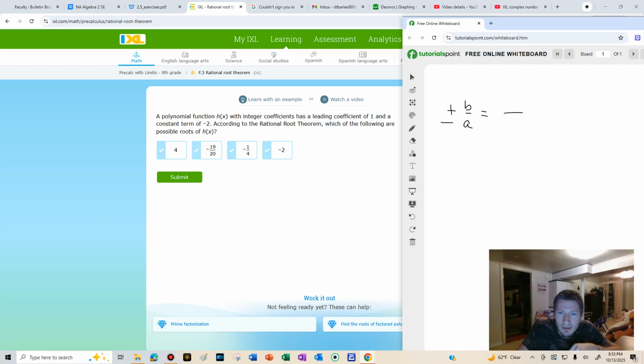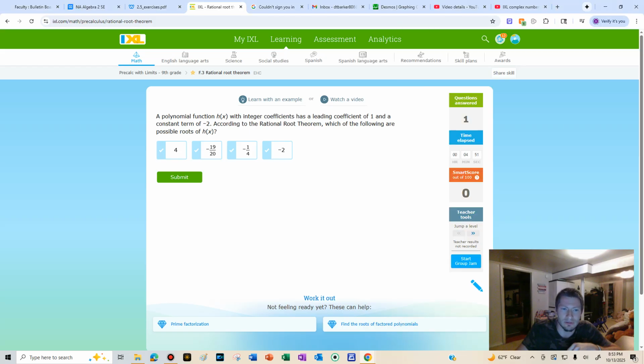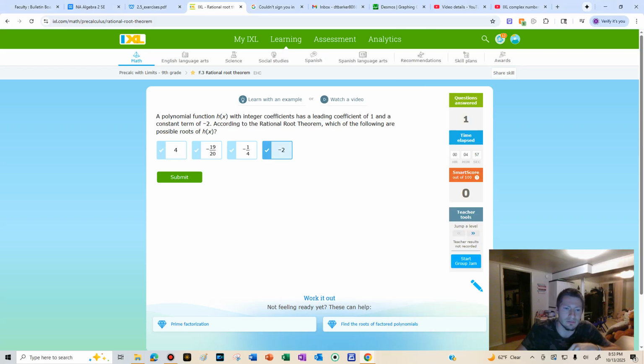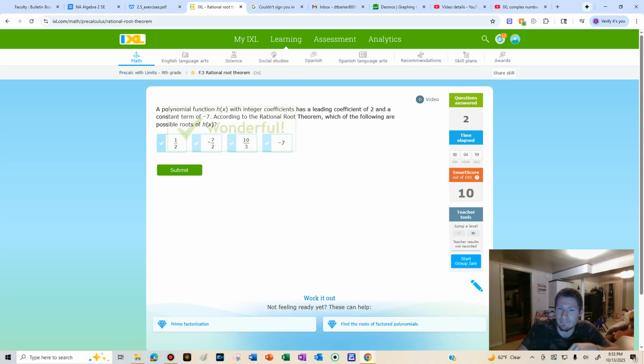So that's just the 1 down here. And the constant term is -2, so that's 2 and 1. So what are the possible rational roots? I don't like that. They should say rational roots. So what is it? 2 over 1 and 1 over 1, or -2 and -1. That's it.